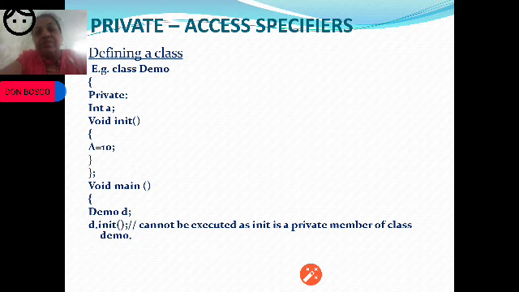So this program will create an error and will not get executed because class demo members are private. The private members cannot be accessed outside the class, not even from the main. Therefore, this program will not get executed. We will get an error that private members cannot be accessed.